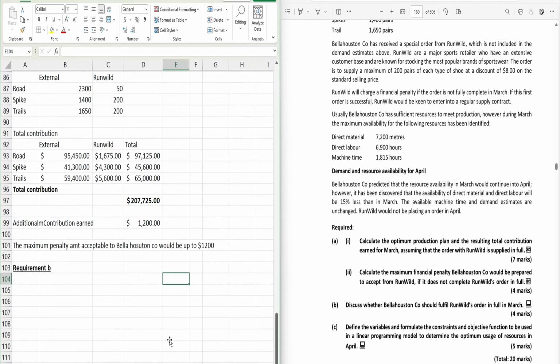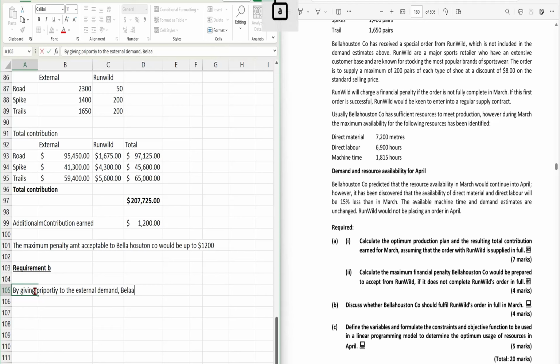So what you can write is, see, how can you start: by giving priority to the external demand, BellaHouseton is earning $1,200 more contribution, right?